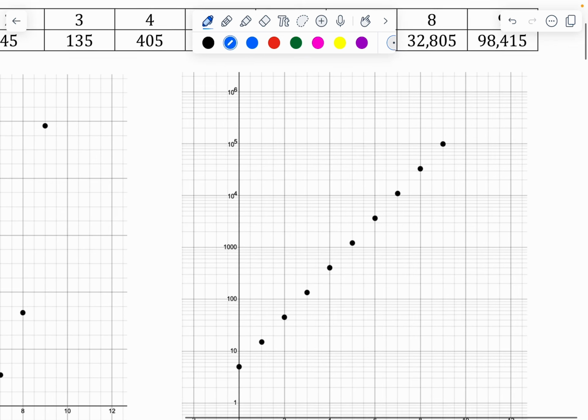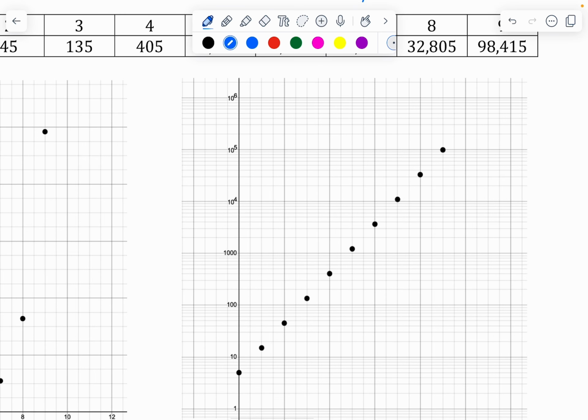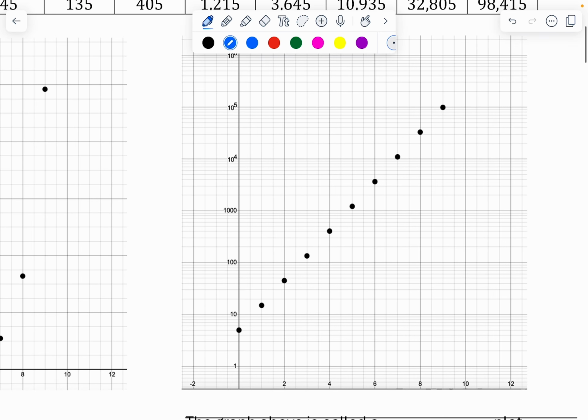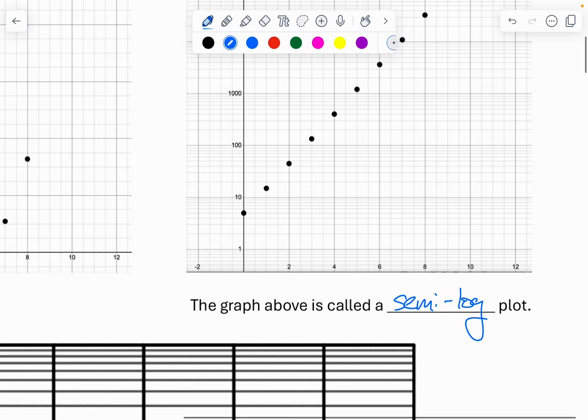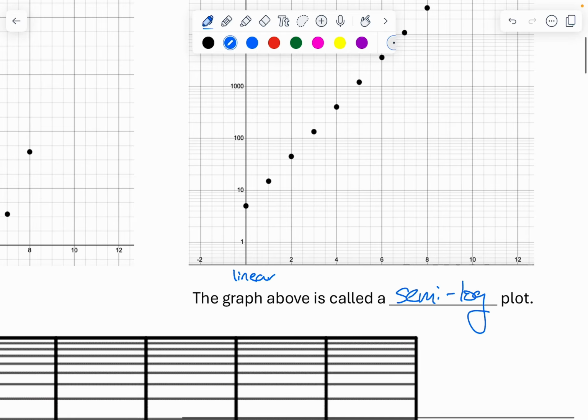So then I switched it in Desmos. I had the same exact points, and I put it into what we call a semi-log plot. I kept the x values linear, but then I scaled the y values to be logarithmic.